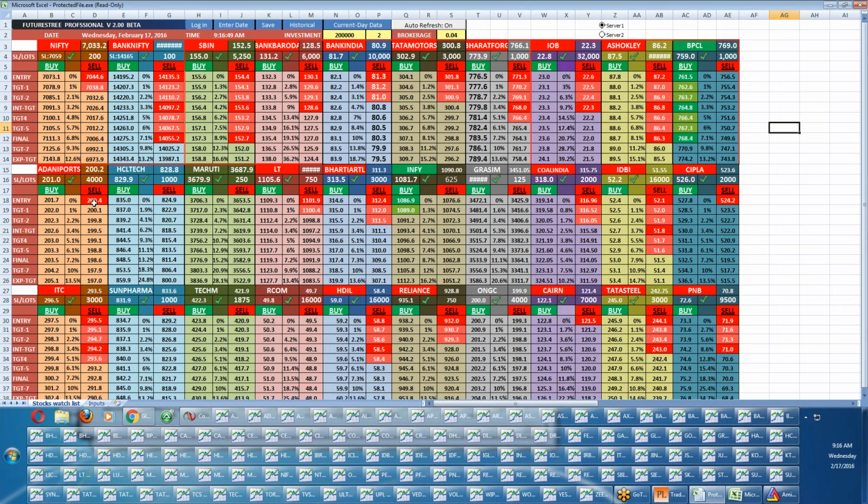Adani Ports, we have a sell. Otherwise, all your banking pack is completely in red. Not even a single buy call. I'm getting that from another system.